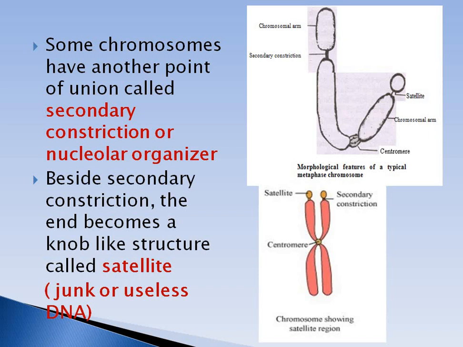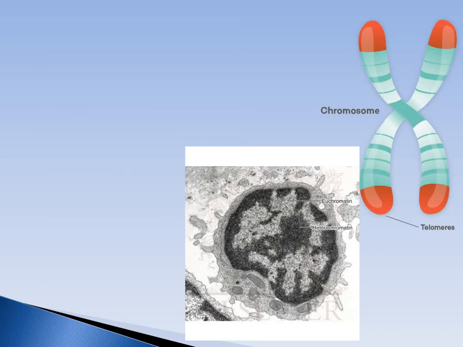And some of the chromosomes, not all, just adjacent to the secondary constriction have a knob-like structure which is called a satellite. It is believed that the satellite consists of useless or junk DNA which is of no use. The secondary constriction and satellite are not present in all chromosomes. Only some of the chromosomes have these structures.